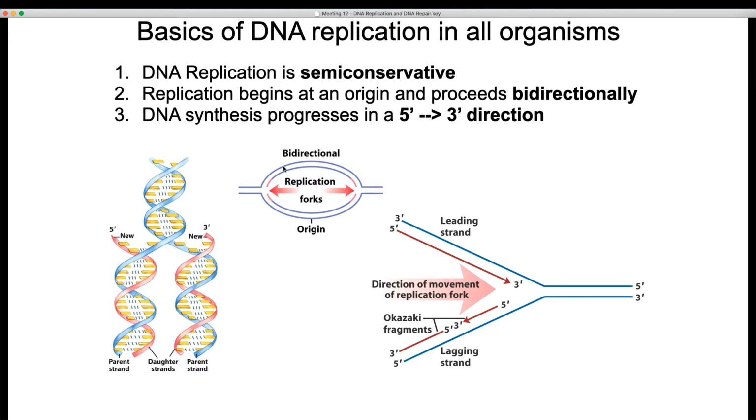And finally, like any other polynucleotide, synthesis progresses in a 5' to 3' direction. No matter whether we're talking about RNA or a strand of DNA, synthesis always occurs in the 5' to 3' direction.